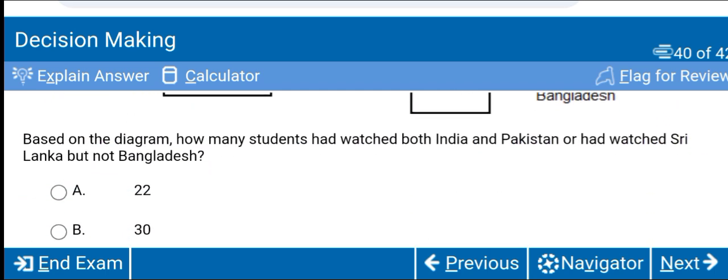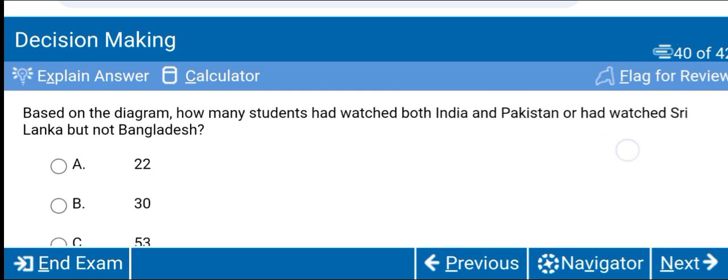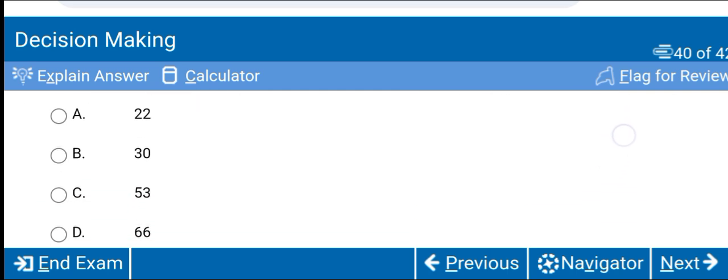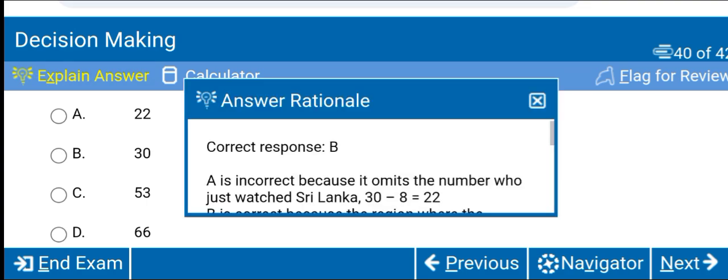So based on the diagram, how many students had watched both India and Pakistan, or had watched Sri Lanka but not Bangladesh? Option A 22, option B 30, option C 53, and option D 66.